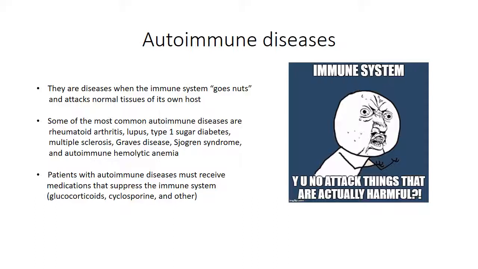Sjogren's syndrome, you might know, is predominantly a female disease, and it manifests as dryness of surfaces: dry skin, dry eyes, dry mouth. Again, patients need immunosuppressive therapy.